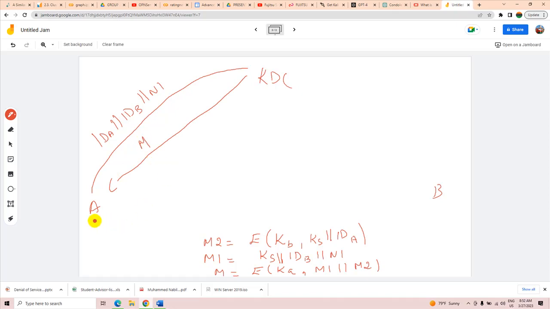Now A has the master key and A has the session key. B has the master key, but it doesn't have the session key. So A wants to send the message encrypted using the session key. What will A do?